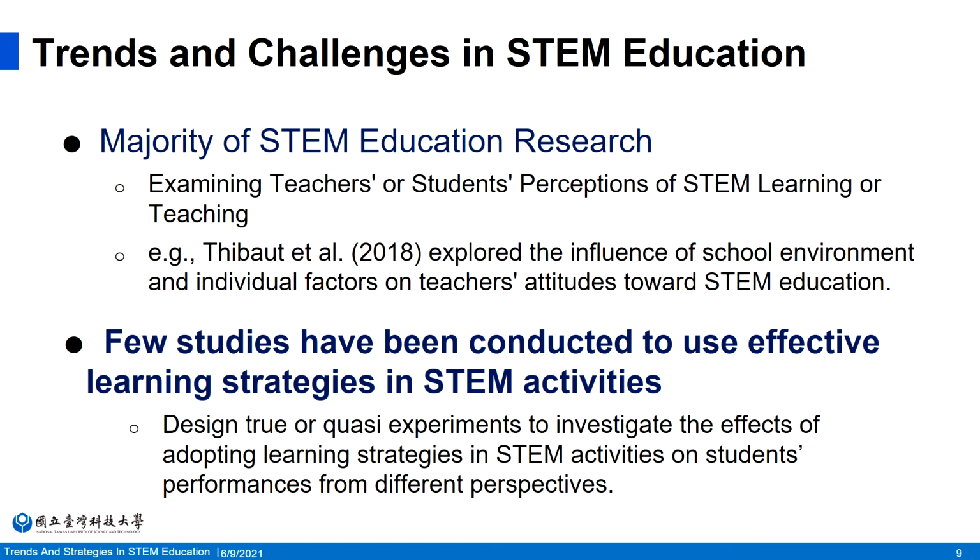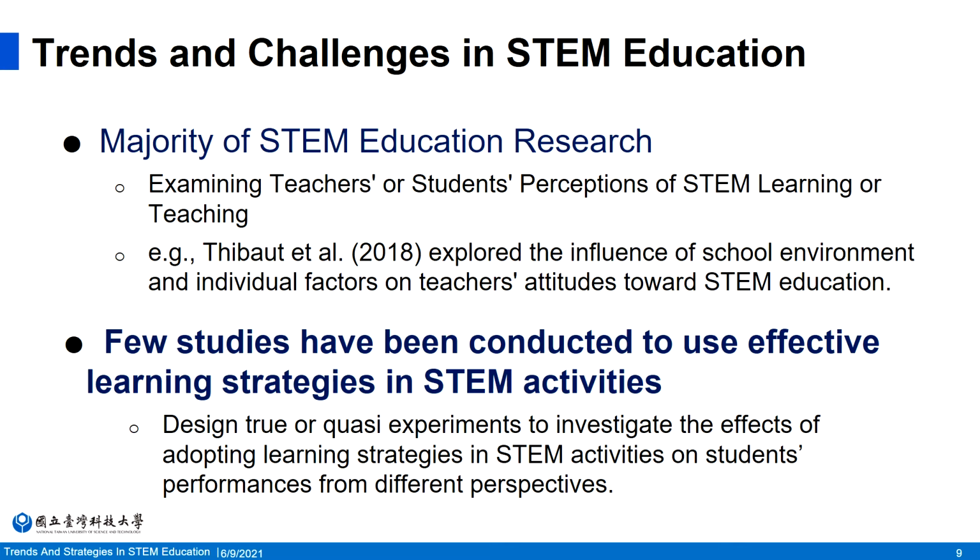We also found that a majority of STEM educational research mainly examine teachers' or students' perception of STEM learning or teaching. For example, some authors explore the influence of school environment and individual factors on teachers' attitude toward STEM education.